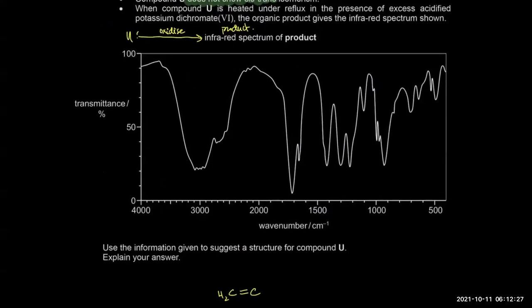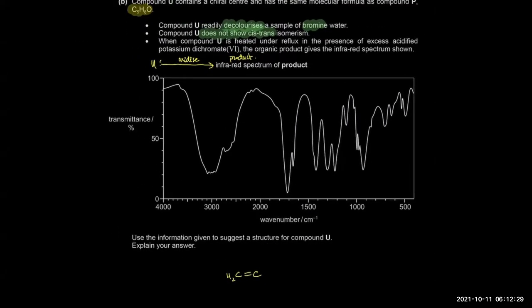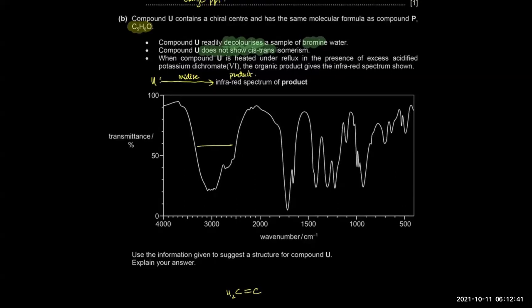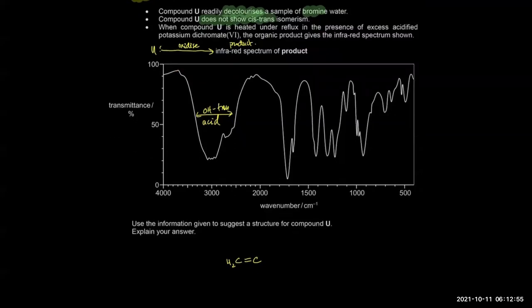The next part of the question says that when compound U is heated under reflux in the presence of dichromate, the organic product gives the infrared spectrum shown. If you notice here, this is an OH group from an acid. Do you remember? If you look at the data booklet, this very broad OH peak comes from a carboxylic acid. So what group would oxidize to form a carboxylic acid with dichromate?